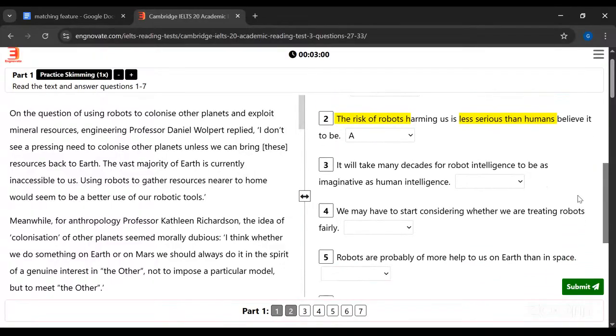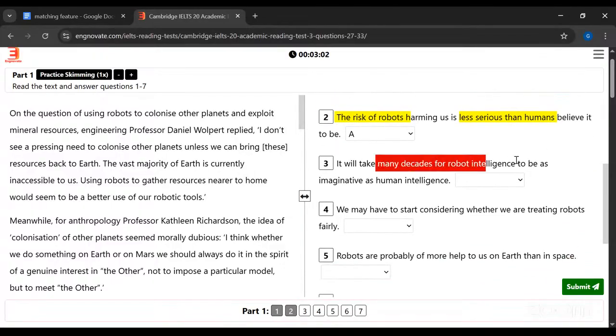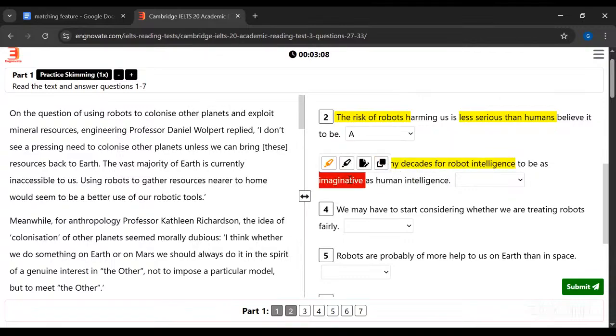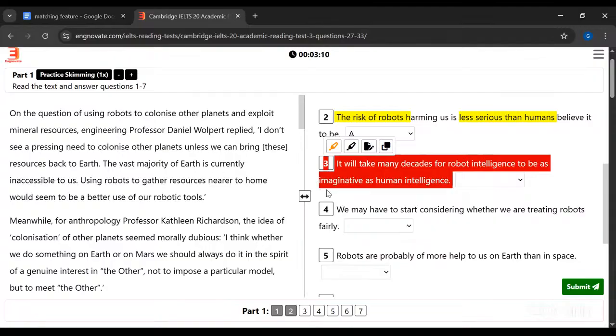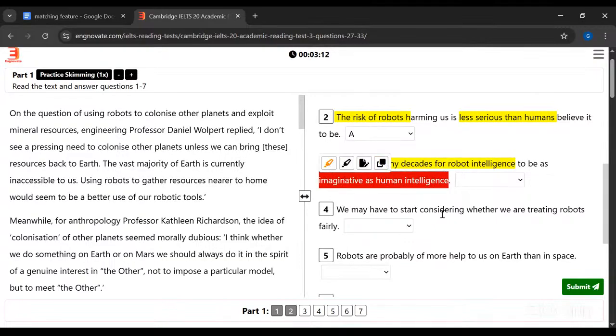Then we have, it will take many decades for robot intelligence to be as imaginative as human intelligence. We may have to start considering whether we are treating robots fairly.